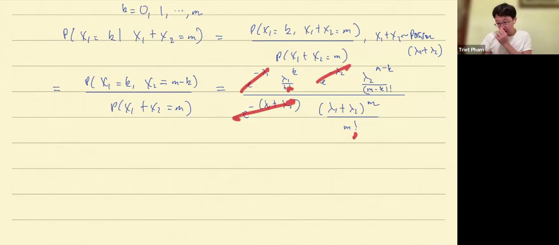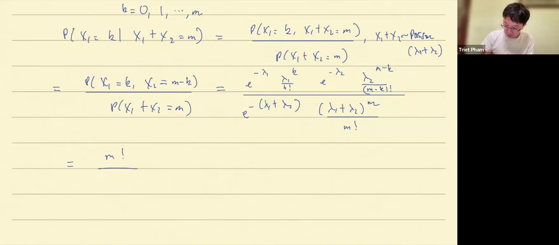The second is that the factorials line up together like this: m factorial over k factorial times m minus k factorial. And then you have lambda 1, and then m. The way we write m is m minus k plus k.